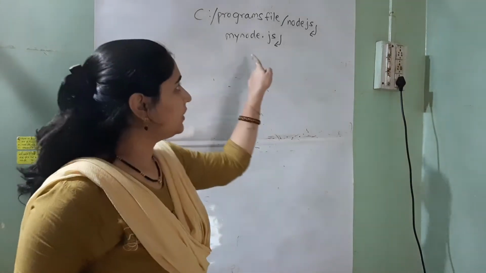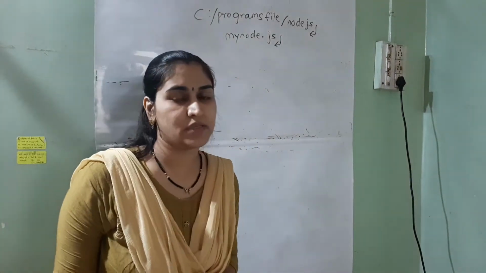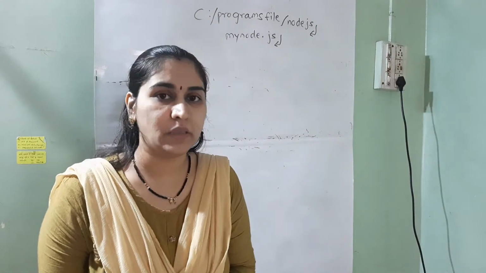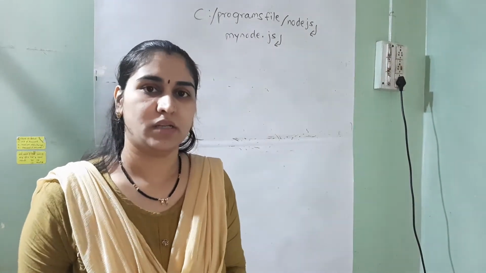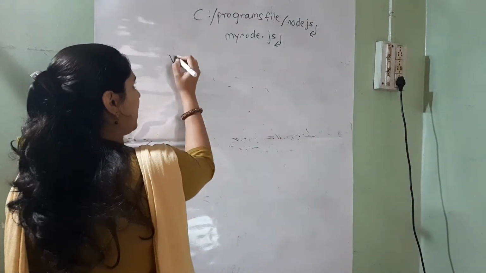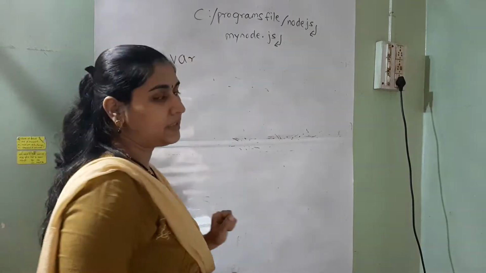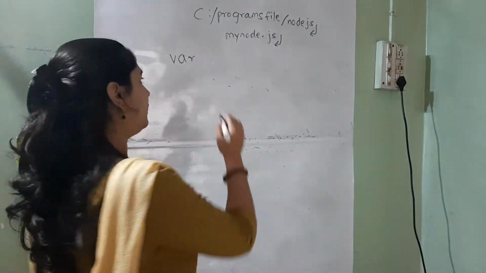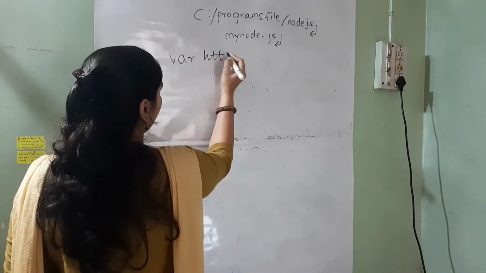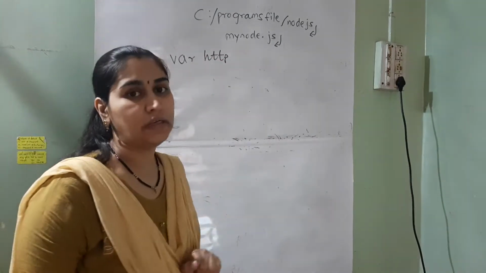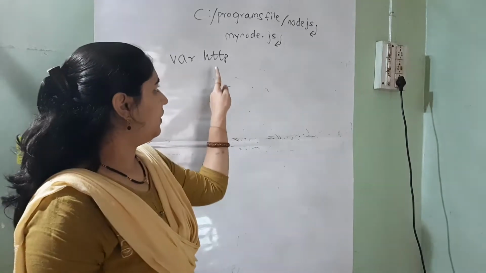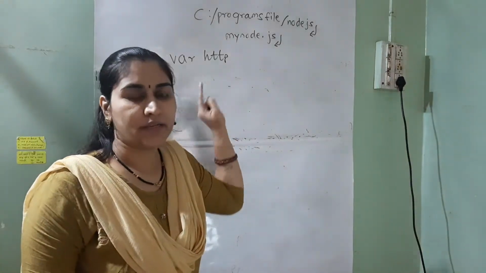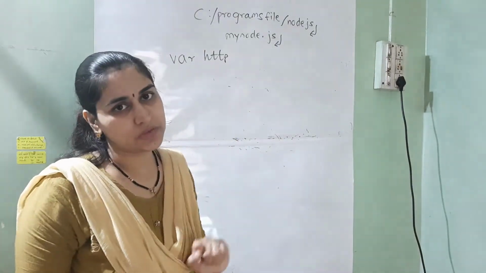Now in this file, my first step is to create the HTTP object. In JavaScript, an object can be created with the var keyword. So var, then I create a variable named HTTP, because I will import the HTTP package into this variable.